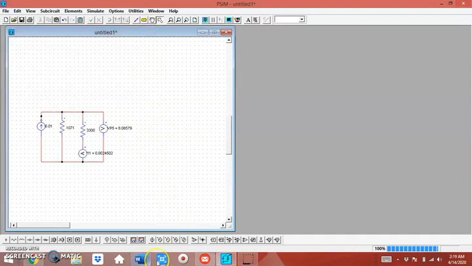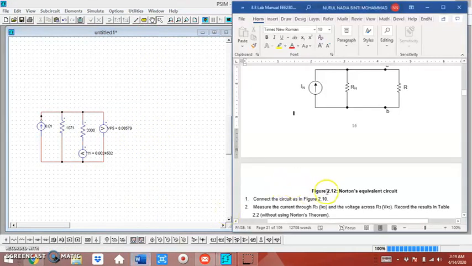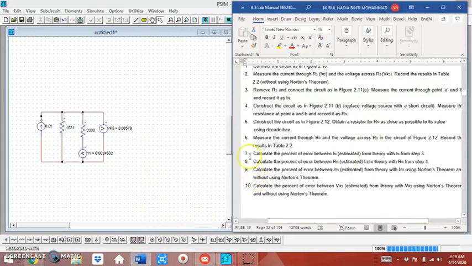So you connect the circuit as shown in figure 2.12, with IN 0.01 and RN equal to 1.071 kilo ohm. For steps 7, 8, 9, 10, you calculate by your own using the values from the simulation.